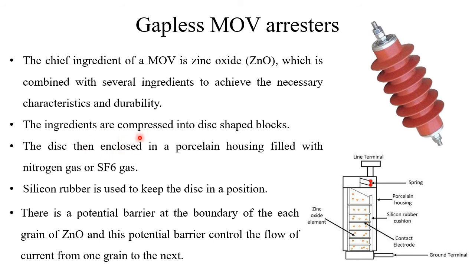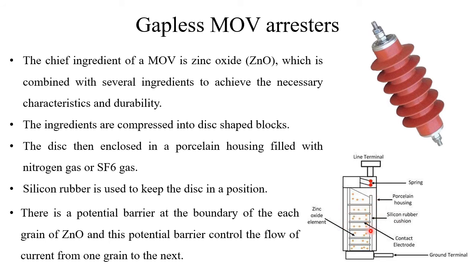These ingredients are like a dry powder, which is compressed into disc shaped blocks, a porcelain like component, and then this disc is enclosed in a porcelain housing filled with nitrogen gas. Here you see the porcelain housing which is filled with nitrogen gas or SF6 gas. Then here you can see the silicon rubber cushion to keep the disc in position.